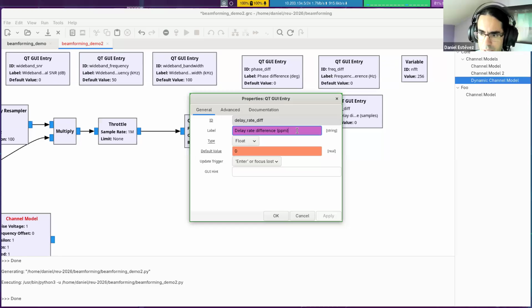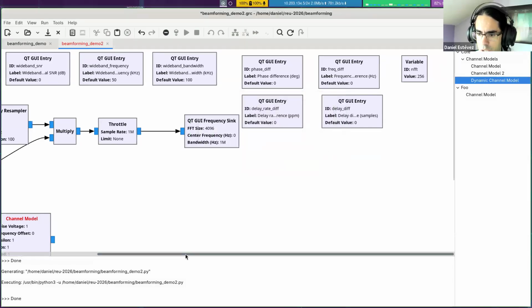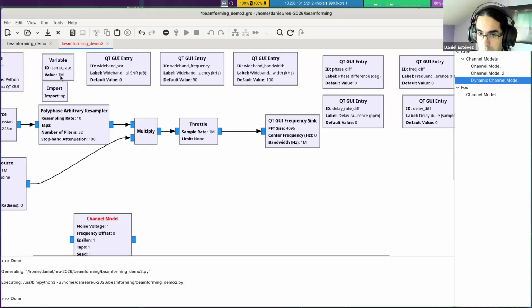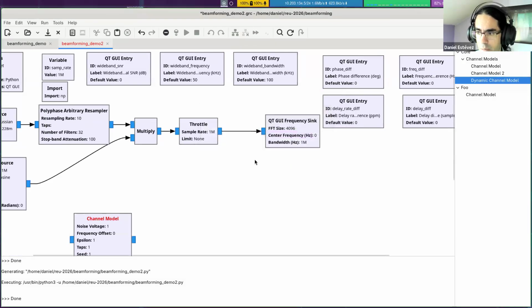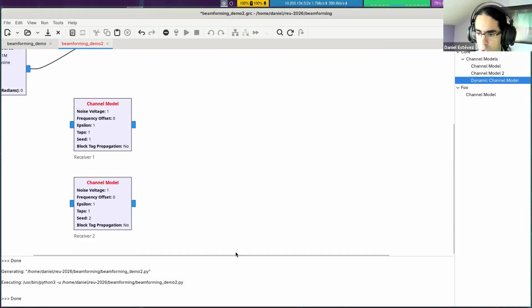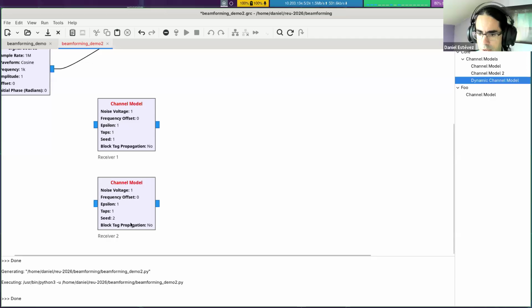And it doesn't have units because it's like seconds divided by seconds, if you think about it. So basically 1 part per million will cause a delay change of 1 sample every million samples. And because of the way we have chosen the sample rate, 1 million samples per second, 1 part per million here will cause a delay change of 1 sample every second of simulation. And we will be able to see that when we use this. So these are the parameters.